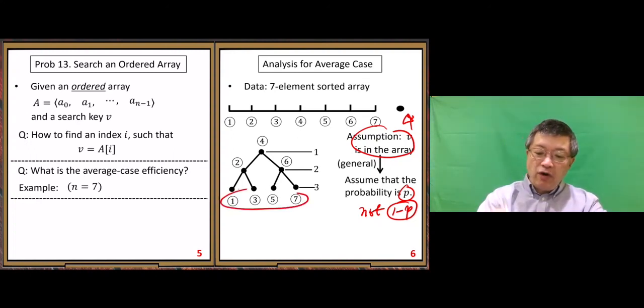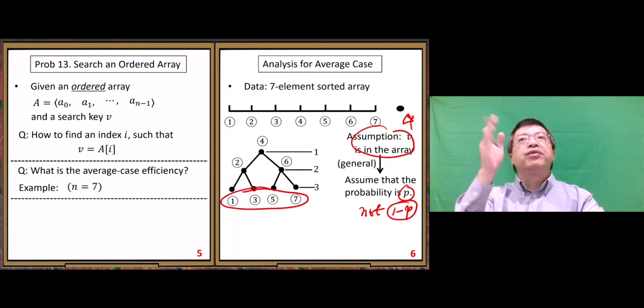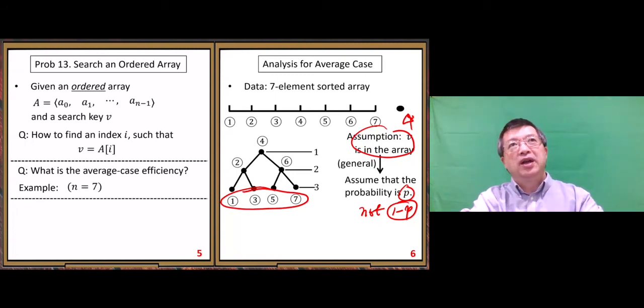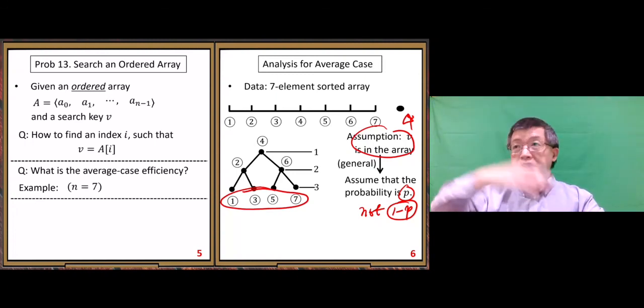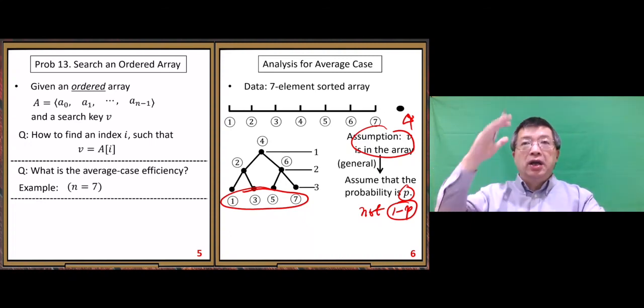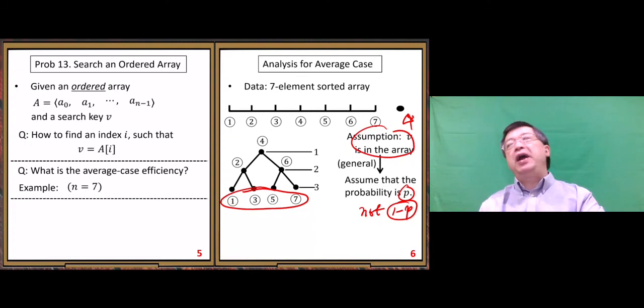For all these 4 elements, you need 3 comparisons. So that's all the possible cases. We list all the possible cases. Now we are ready to find the average of all the cases.